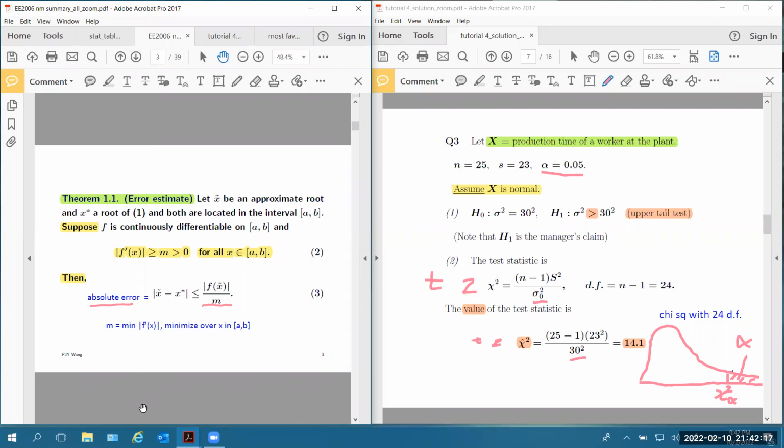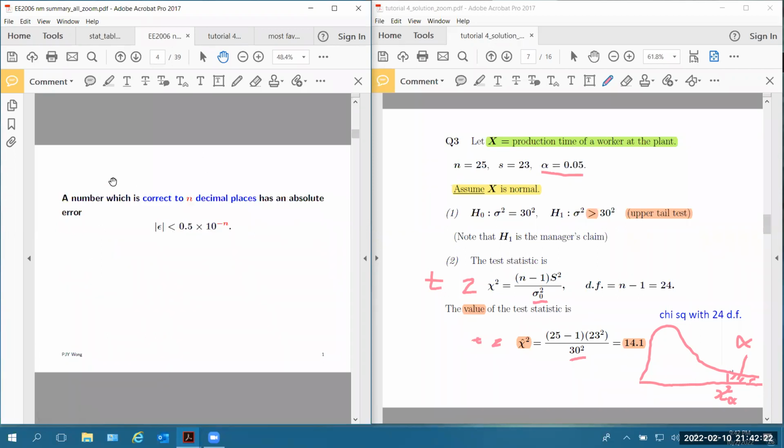There's some more theory behind it, and it's on the next page. The next page is also something from our lecture notes. It says that a number that is correct to n decimal places has an absolute error less than 0.5 times 10 to the power minus n.